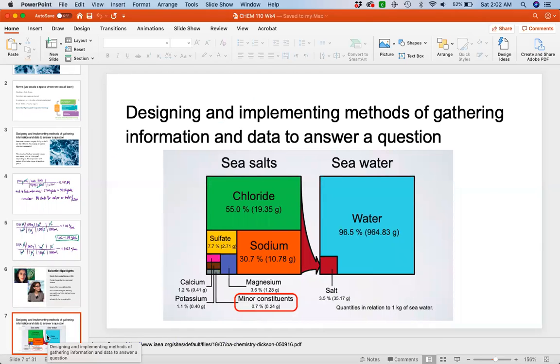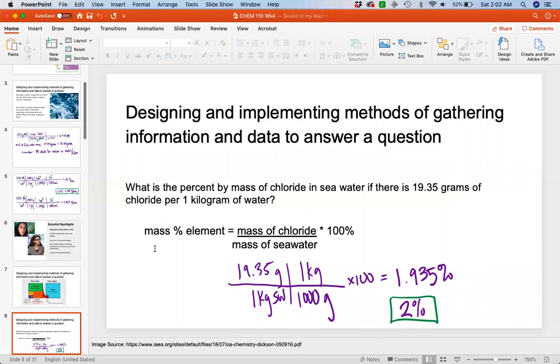If you recall, we talked about designing and implementing methods of gathering information and data to answer a question. And one of the things we're doing is learning how to interpret graphs. So, for example, we can interpret this graph and ask some questions. If we're thinking about the amount of salt in seawater, and then we're interested in the composition of that salt in seawater, we can do a mass percent calculation.